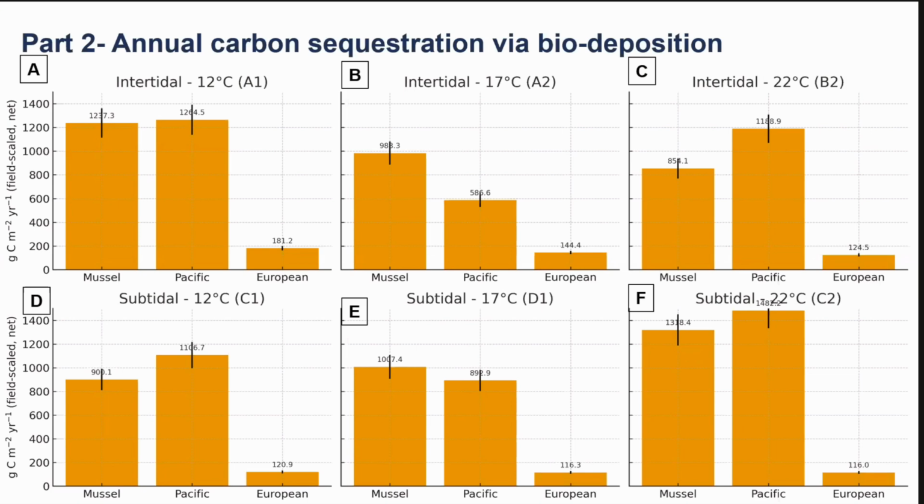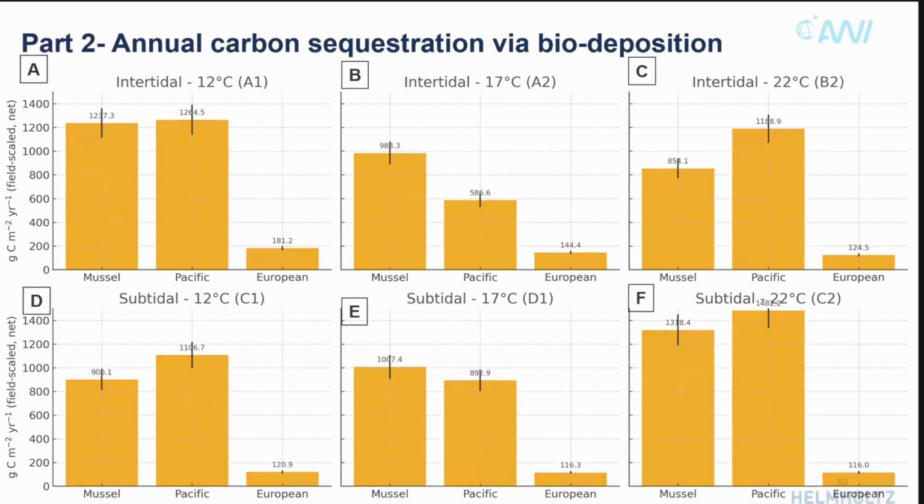That means that the more filter feeders there are, the more carbon is packaged into fast sinking biodeposits. So for mussels, they had higher abundance, so you see they can store more than 1 kilogram of organic carbon per square meter of area.